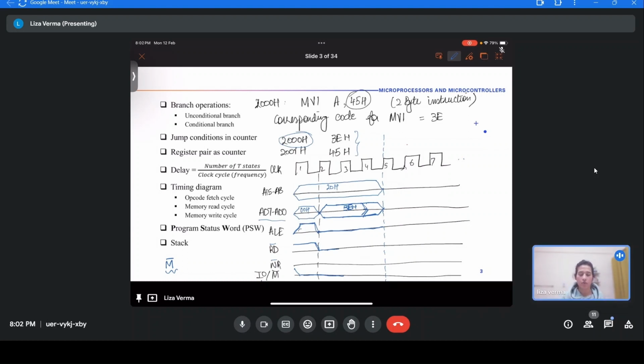The opcode has gone to the decoder. During this whole time we need to keep this data, so read will be low here only. This whole thing is a memory read, and write will be high during this whole fetch cycle, since no writing is done.